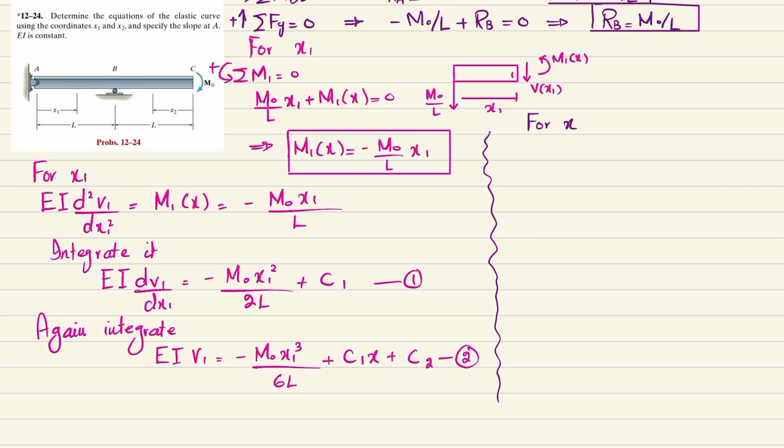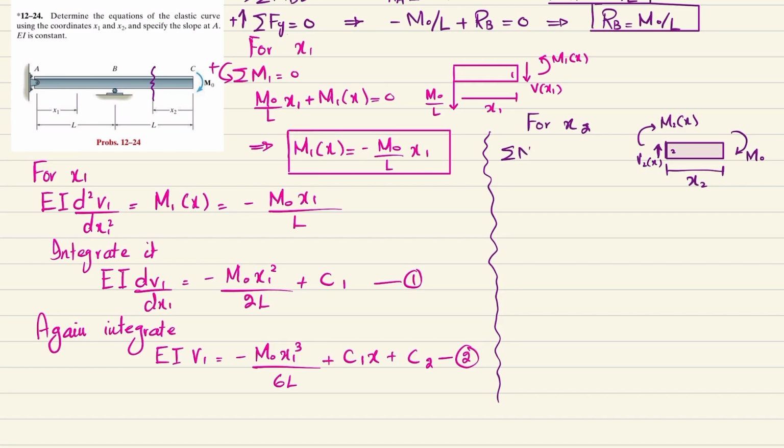So for x2, when you cut the beam over here and you draw the free body diagram, you can see that this is total length x2. At this end you have an external moment which is clockwise, and when you cut it you will have a shear force, that is v2 of x, and there will be a moment which is m2 of x. This is point 2.